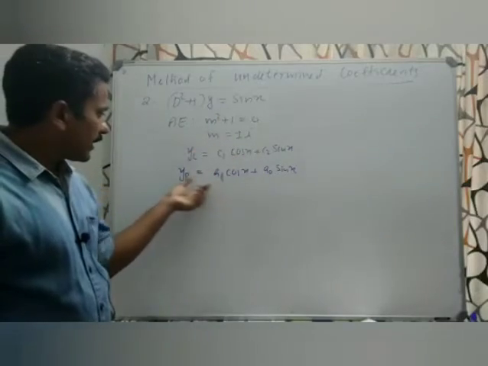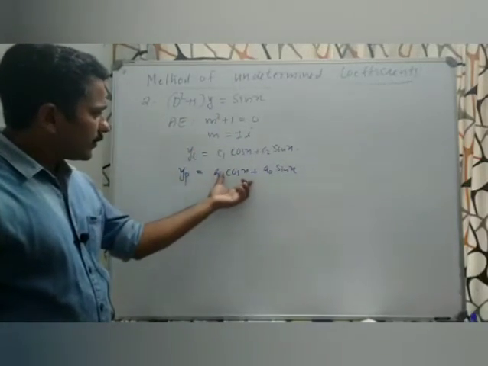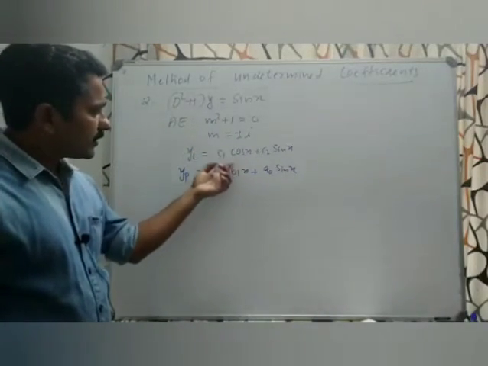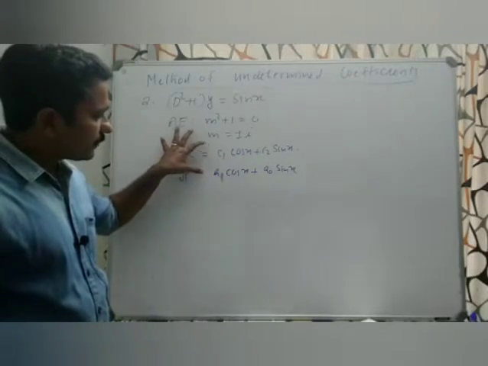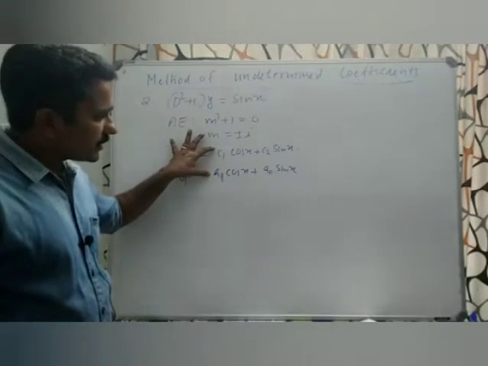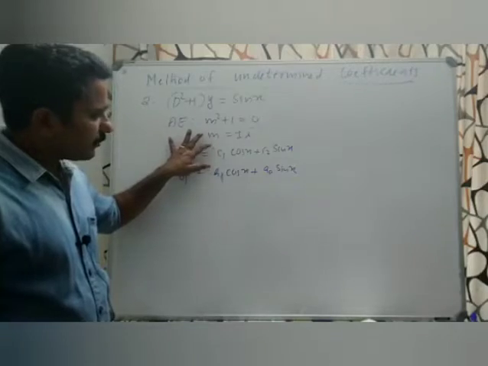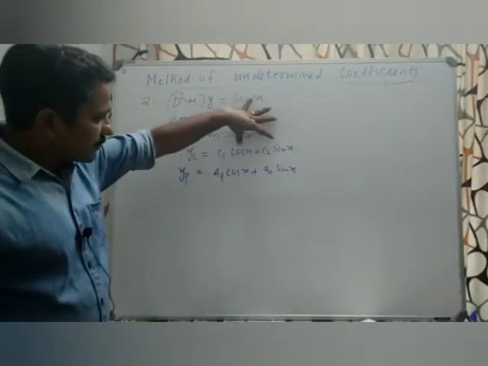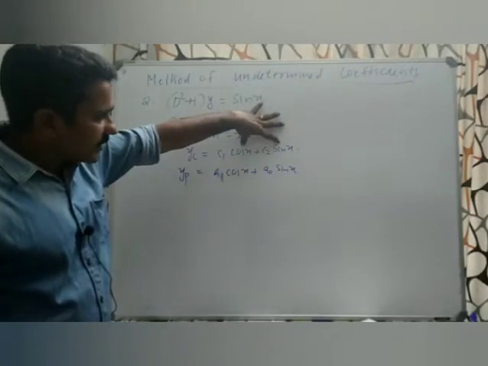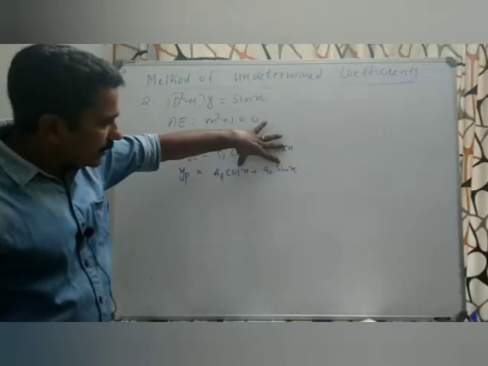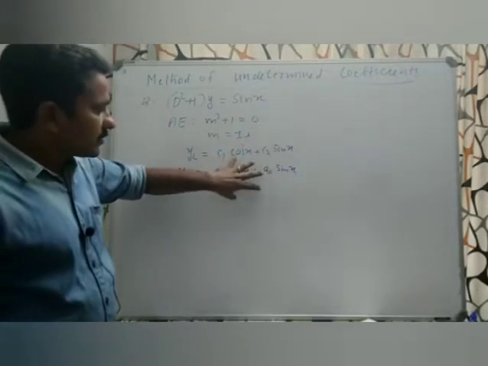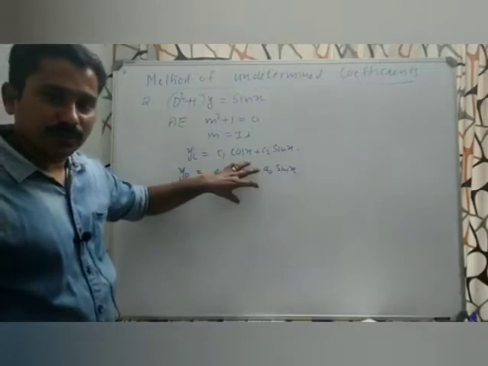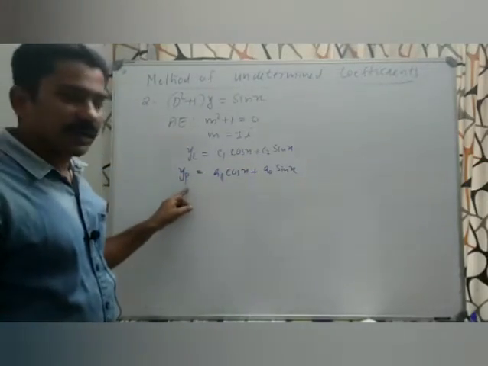Okay, when you write the yp again, these two are almost the same type of functions, right? Because a linear combination of sin x cos x, here again we have a linear combination of sin x and cos x, so that won't help you to get the particular integral.